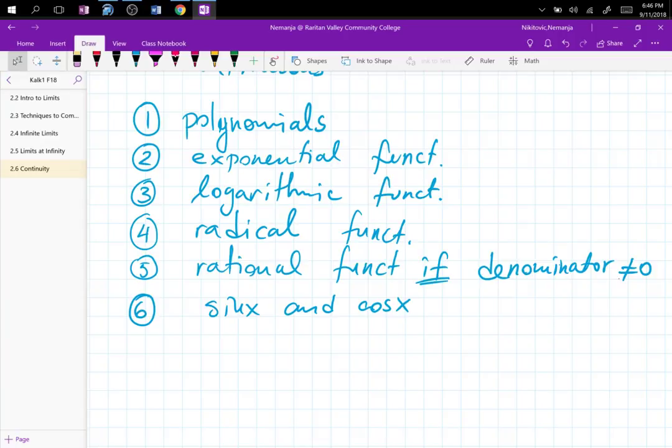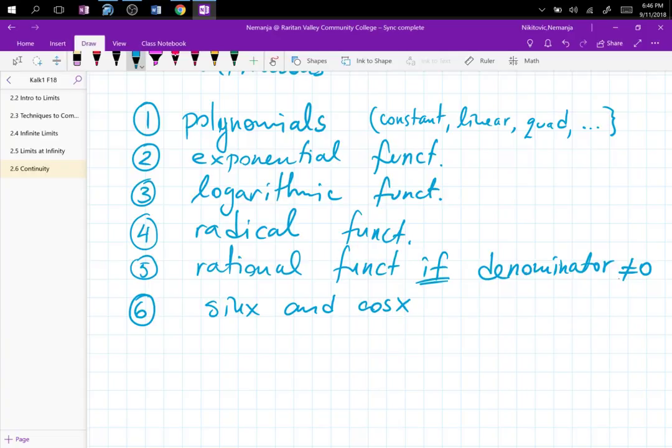Now, polynomials include constant function, linear, quadratic, and so on. Cubic, quadratic, right? So all of those. That depends on the degree of the leading term.